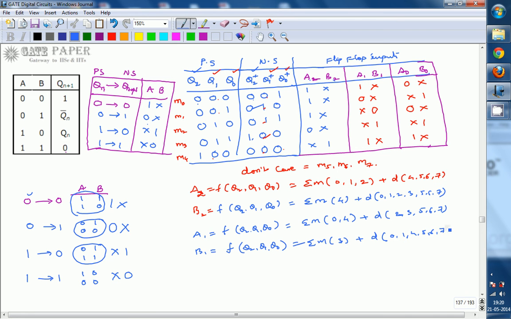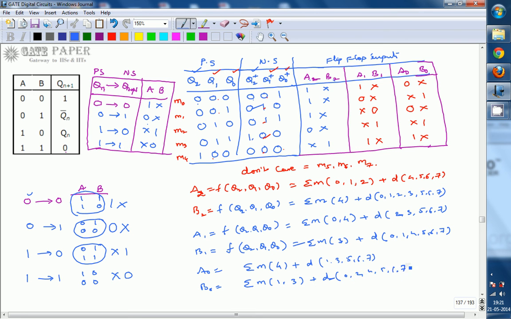Next, a0, I am writing directly: sigma m of a0 is only the 4th one plus don't cares of 1, 3, 5, 6, 7. And b0 is sigma m of 1, 3 plus don't cares of 0, 2, 4, 5, 6, 7.